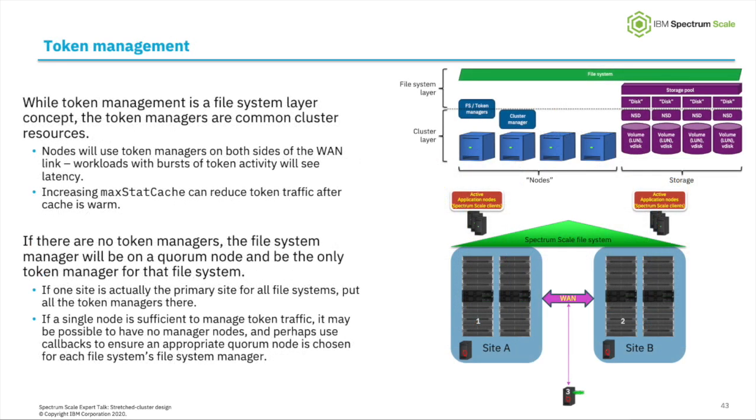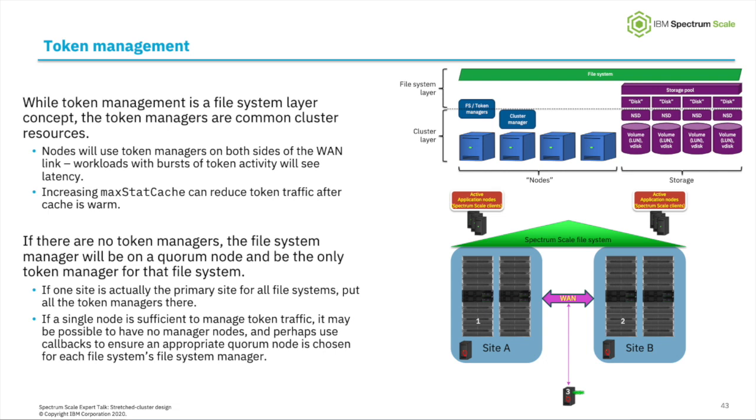A couple of my clients have run into issues with token management. Essentially, we can localize the read traffic to one site, but we can't localize the associated token traffic. The file system manager and token manager roles are split between the cluster and file system layers.